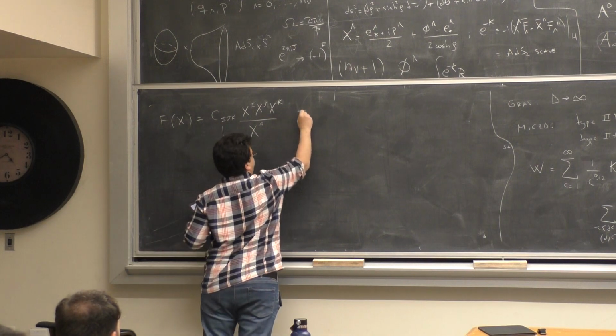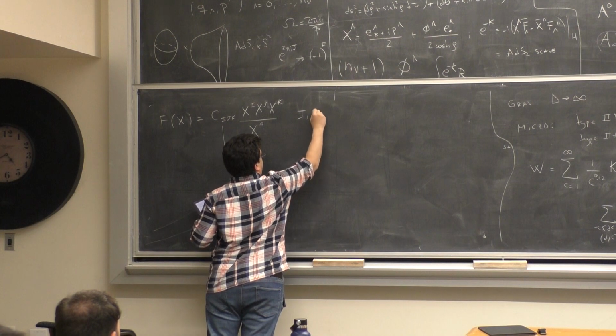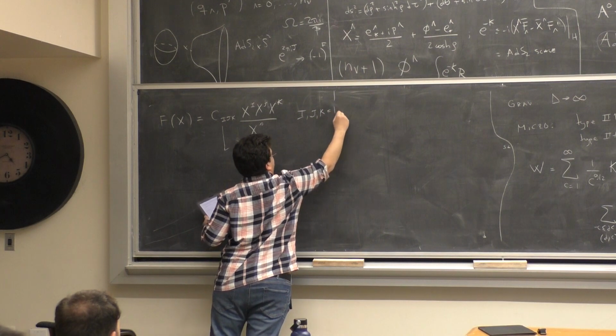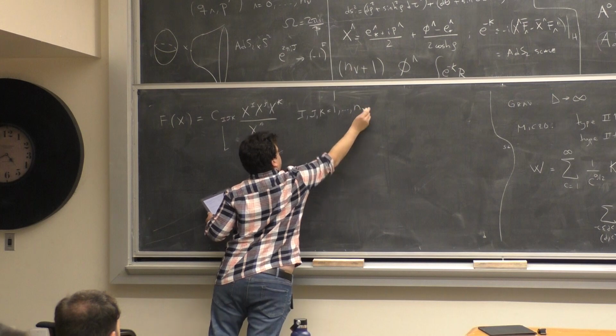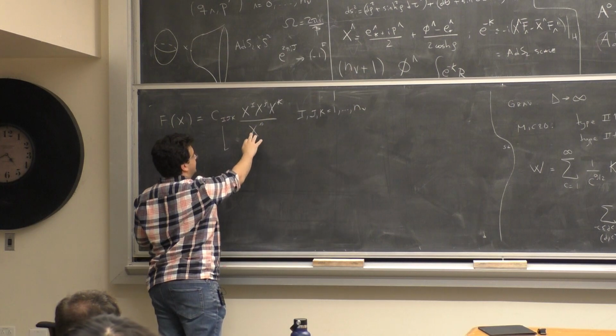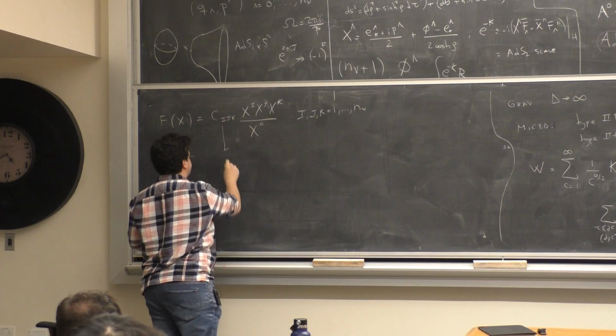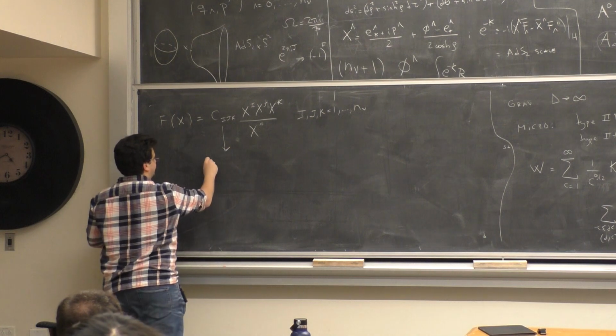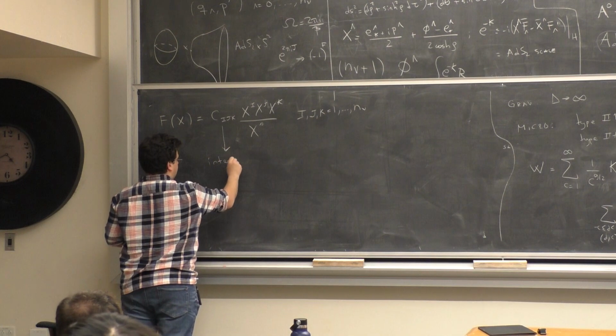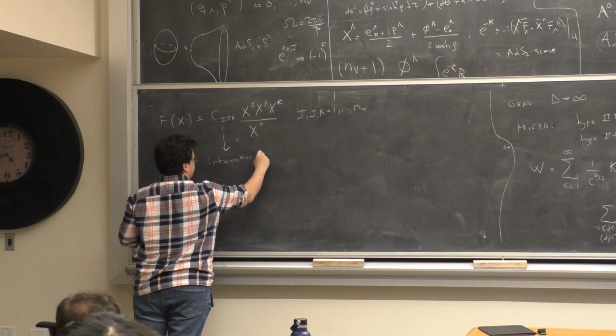So here, i, j, k go from 1 to nV. So this one doesn't include the X0, and the X0 appears in the denominator. And these c_ijk are the intersection numbers of T6.